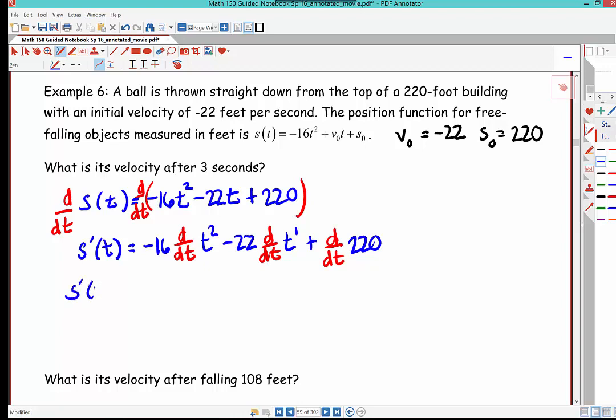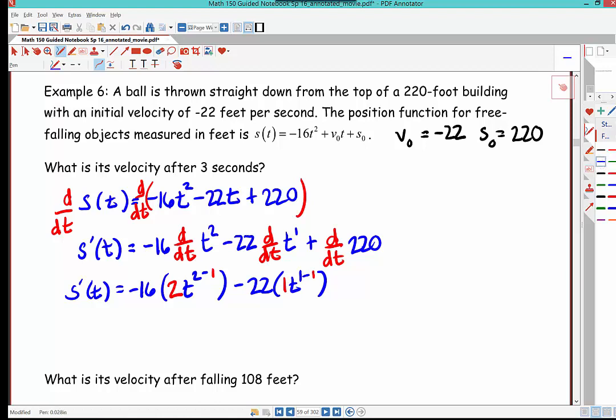So s prime at t is negative 16 times 2 times t to the 2 minus 1, using that power rule, minus 22 times 1 times t to the 1 minus 1.